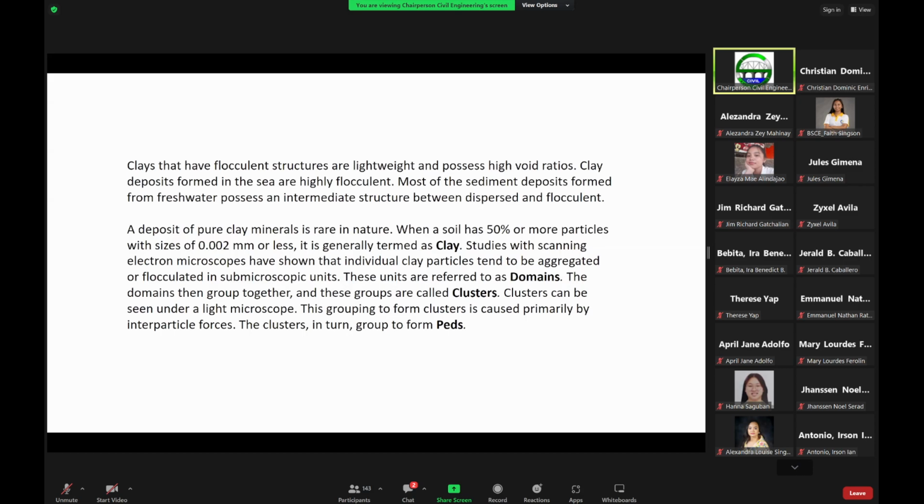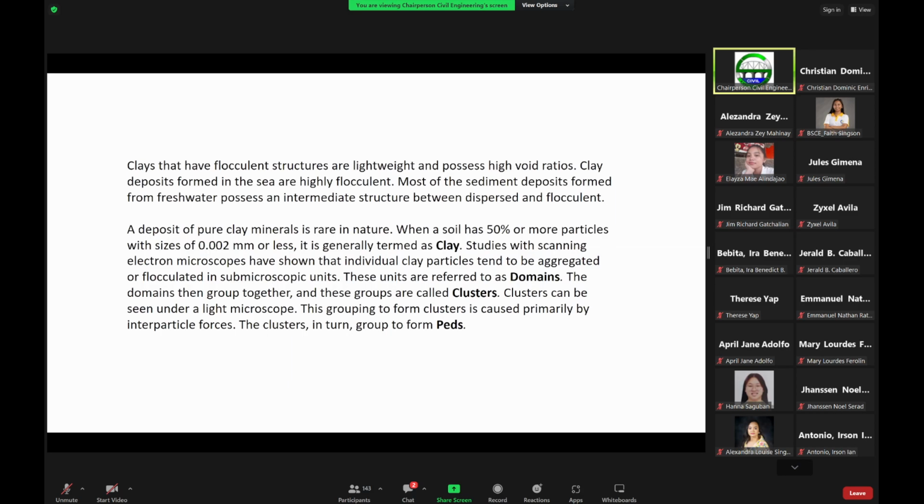Now, a deposit of pure clay minerals is actually rare in nature. Sometimes it's a mixture of silts and clays and so on. Silty clay, clay silts. And a combination of clay minerals. Now, when a soil has 50% or more particles with sizes of 0.002 millimeters, or 2 microns or less, it is generally termed as clay.